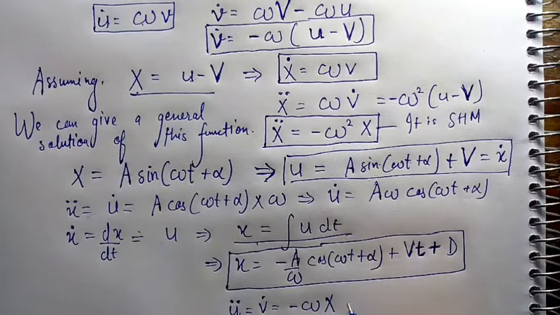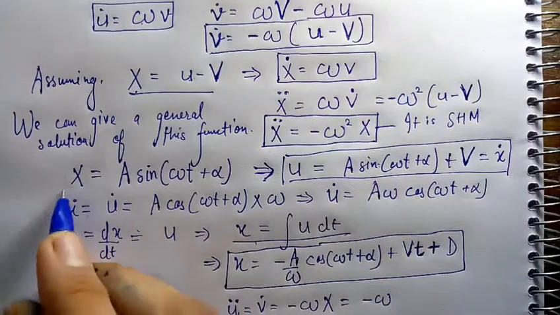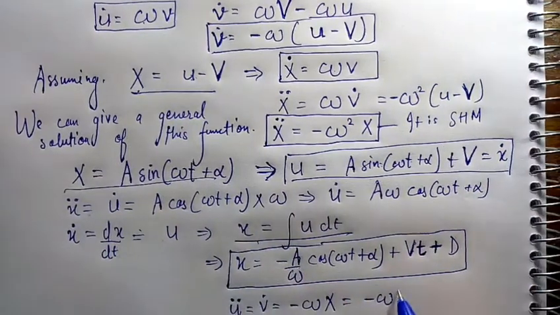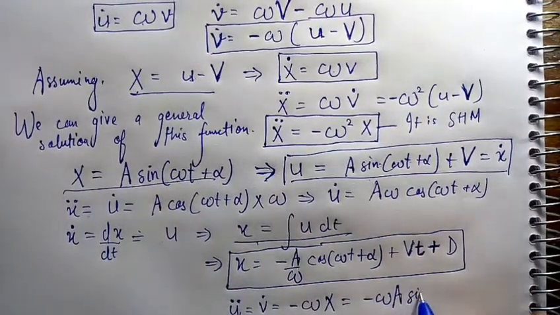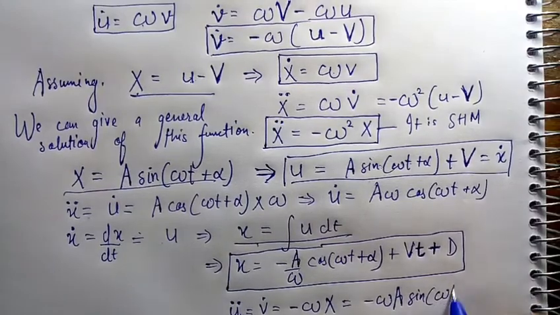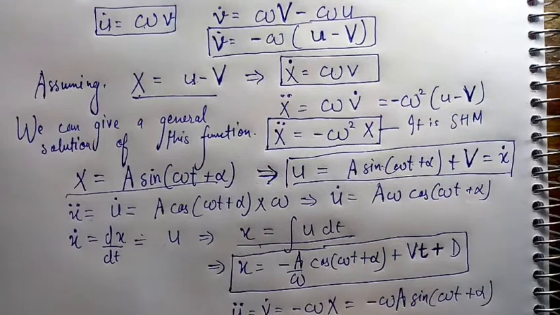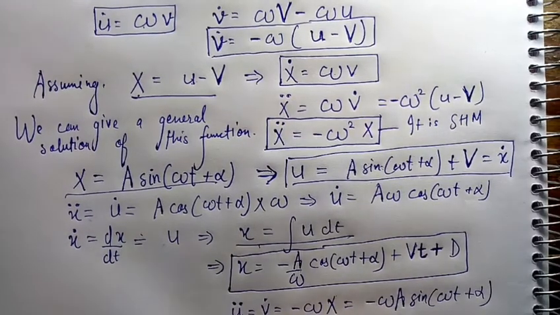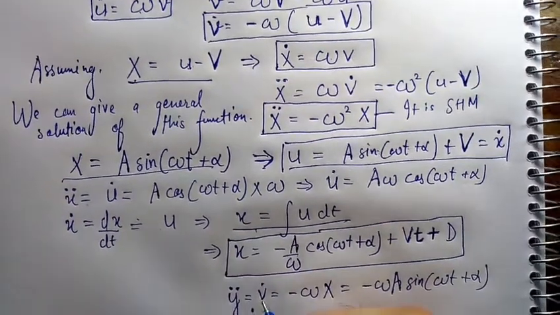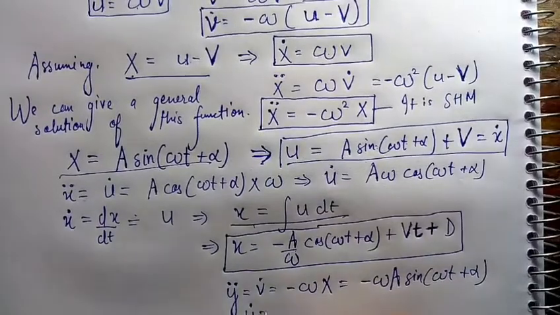Okay, x can be written as minus a by omega cos of omega t plus alpha, with some more space.